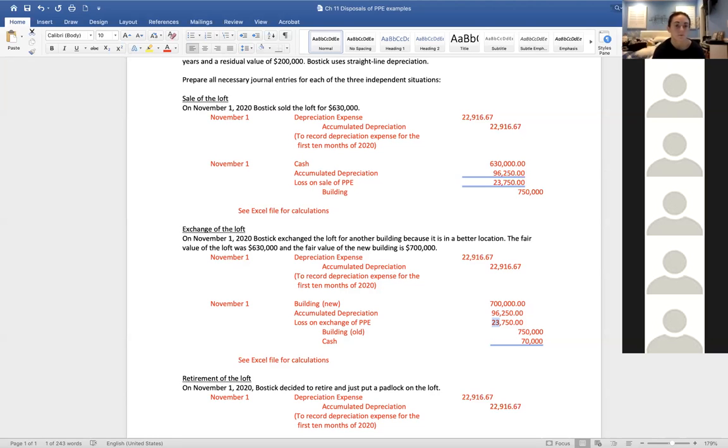If that exchange did not have commercial substance, GAAP says that the amount of gain that you can recognize is very, very limited.